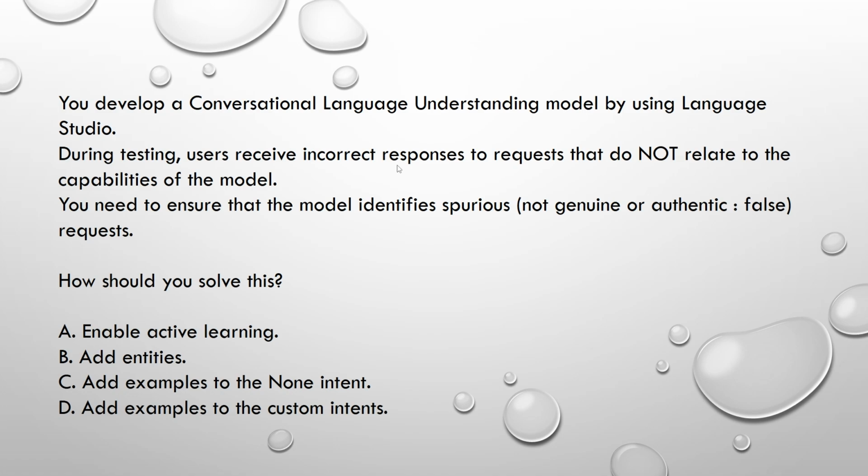But the model is not able to understand that input because the input is kind of similar. The user is asking, order a book for me. It's not book a flight for me. But the model is getting confused with both of these inputs and it is giving incorrect responses to the request. So how should we solve this problem? That is the question. Now, let us get into the documentation.